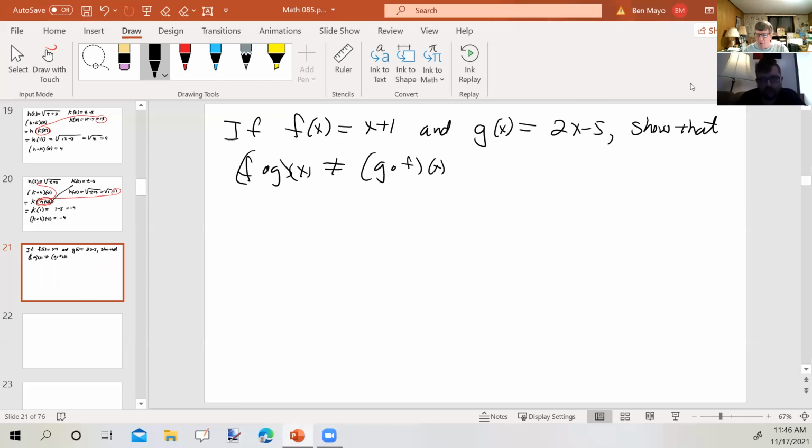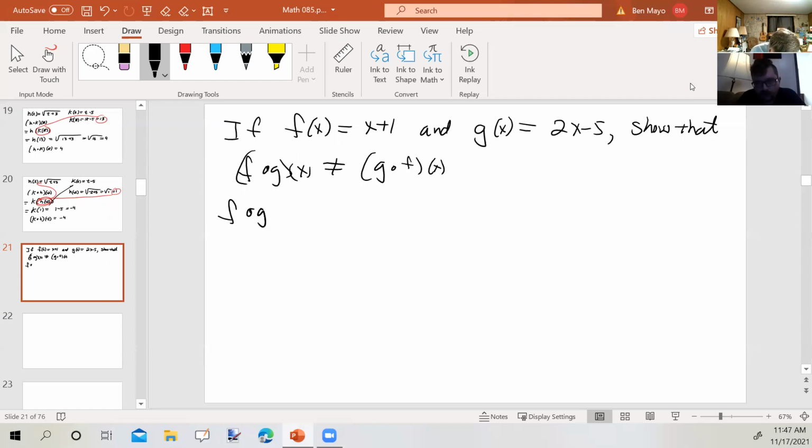So basically we're doing in general what we did way back earlier in an example where I did f composed with g of 2 and then g composed with f of 2 and showed that it wasn't commutative. Now we're going to do it, but just using x instead of a specific numerical value.